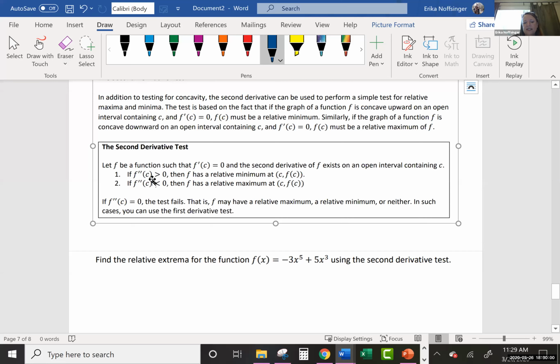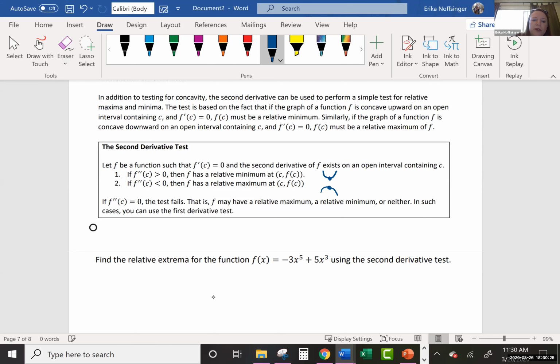If we find that the second derivative, when we plug that critical number in, is positive, then it's concave up, and this tells me that it is a minimum point. If I find that the second derivative at my critical value is negative, it's concave down, and that would tell me that my critical point was a max.